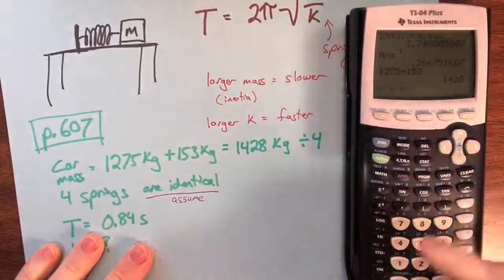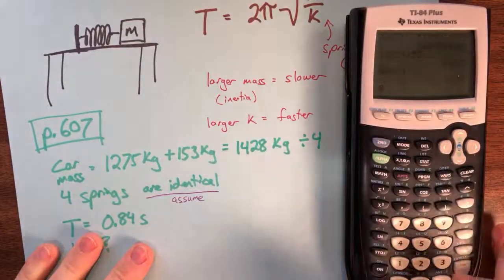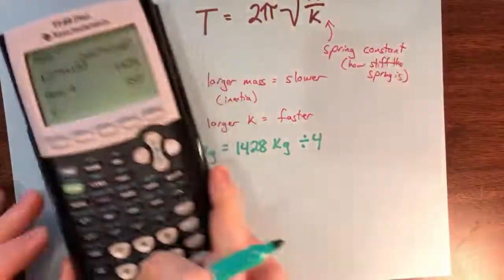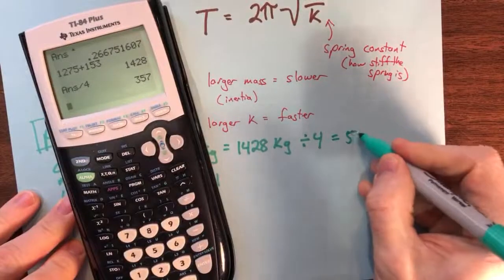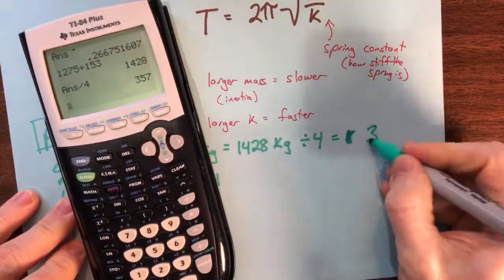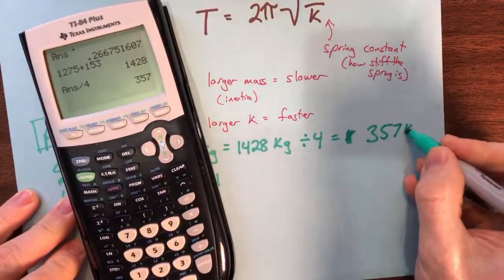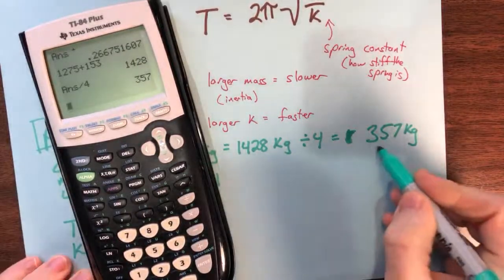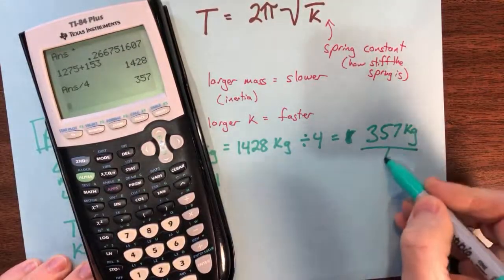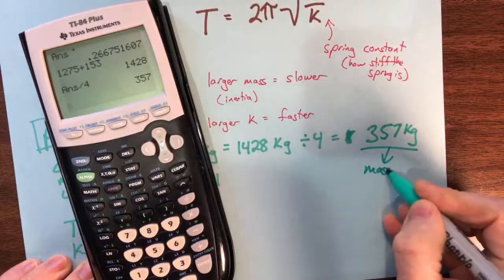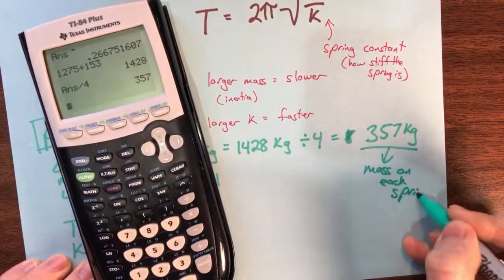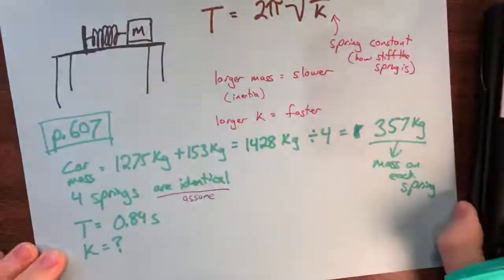And that's going to get us 357 kilograms. Okay? So 357 kilograms is effectively the mass that's held or carried by each spring. Mass on each spring.